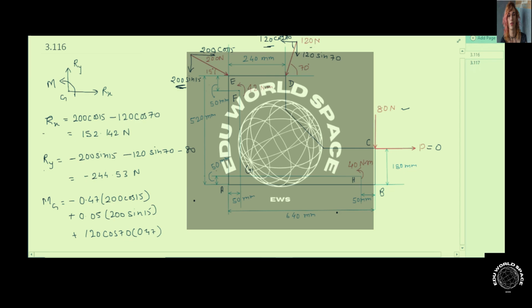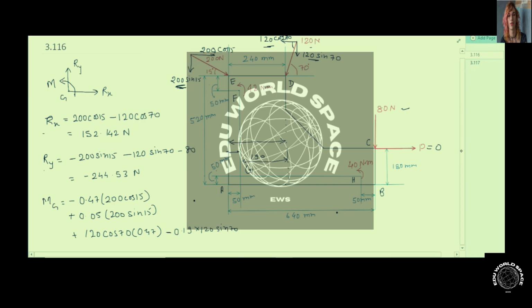Now, for the vertical component 120 sin 70, this will be its line of action. Since this total distance is given to be 240 and this distance is 50, this distance is 190, so this will be minus 0.19 multiplied by 120 sin 70.